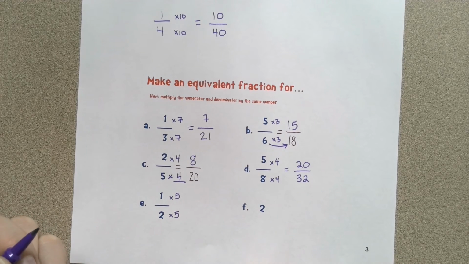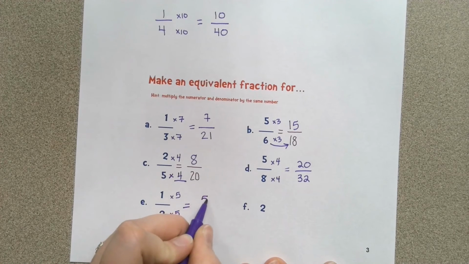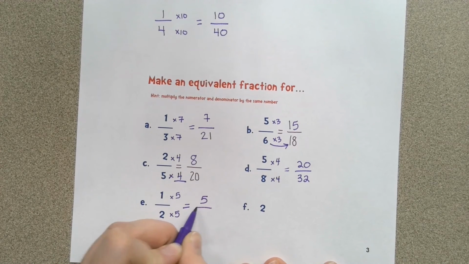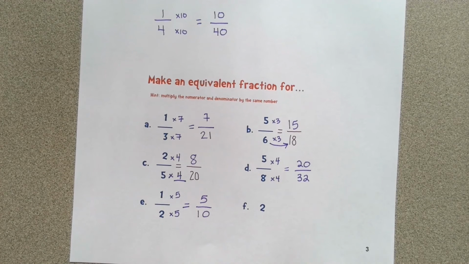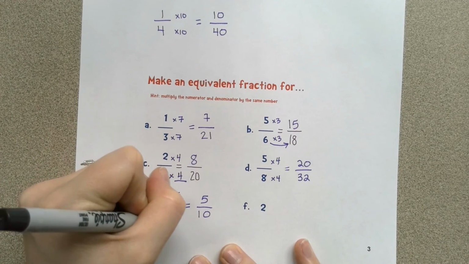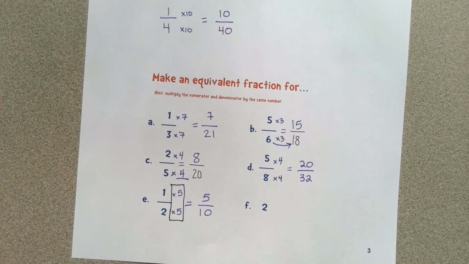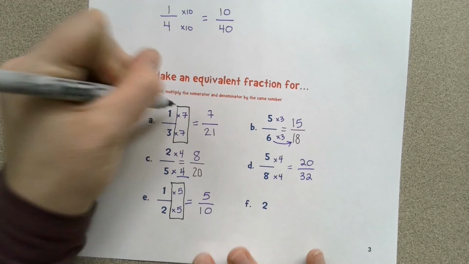It would have to be times 5, which would give us an equivalent fraction of 5 over, because we multiply straight across, 10ths, because 2 times 5 is 10. But again, it only works if we do the exact same operation to the numerator and denominator. Notice how that matches in every single example.